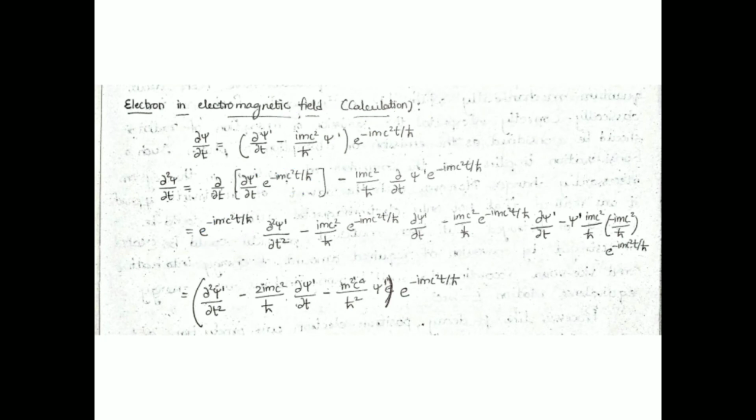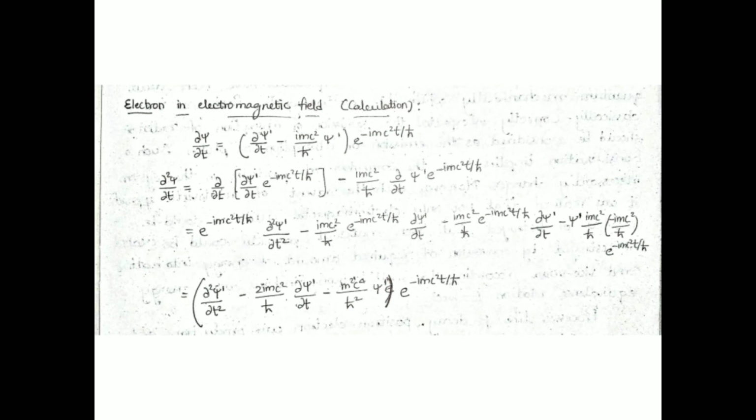And next we keep this one aside and differentiate this one, that is e power ax. In the place of a we have minus imc square by h cut. That is, e power ax. So in the place of a, minus imc square by h cut, into dou xi dash by dou t.